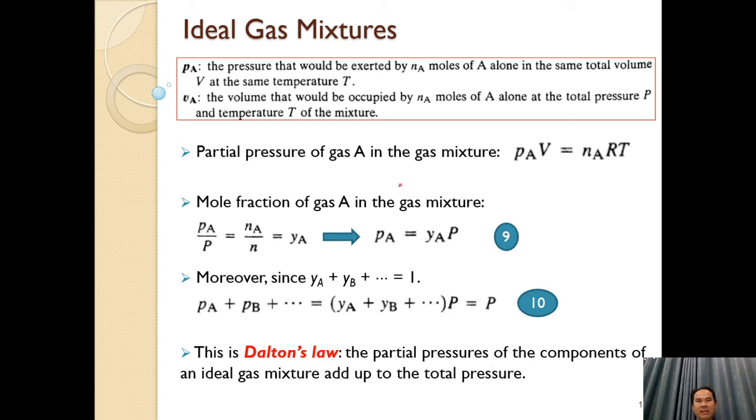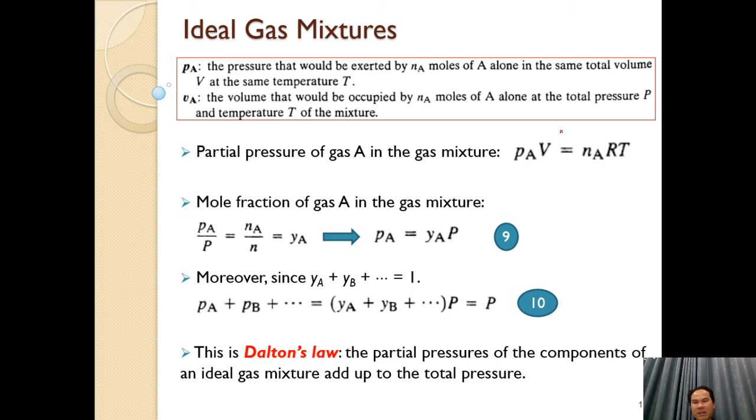PA is the pressure exerted by moles of A in the same total volume, at total pressure P. VA is the volume that would be occupied by nA moles of A alone at the total pressure P and temperature T of the mixture. If you calculate the partial pressure of gas A in the mixture, we call it PA. PA means partial pressure of A, and P means total pressure.